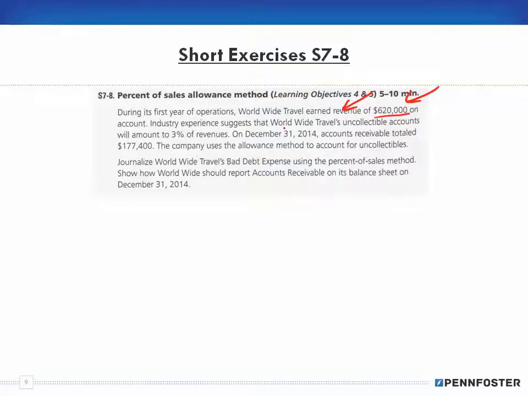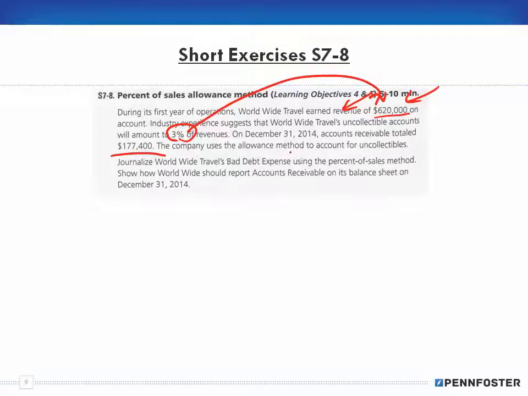Industry experience suggests that Worldwide Travel's uncollectible accounts will amount to 3% of the revenues. On December 31st, accounts receivable totaled $177,400. The company uses the allowance method to account for uncollectibles. So remember, you have the direct write-off method or you have the allowance method.